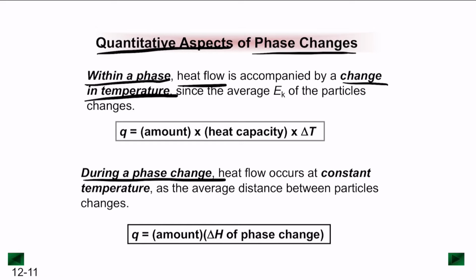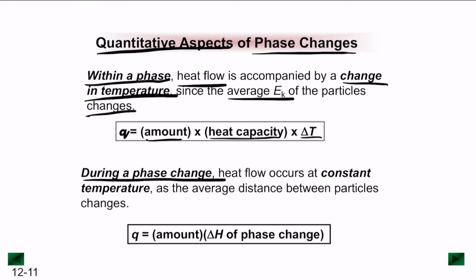The temperature increase is caused by a change in the average kinetic energy of the particles, which causes the molecules to adjust their energy by raising the temperature. The formula for that is Q equals amount times heat capacity times delta T, where delta T is the change in temperature.